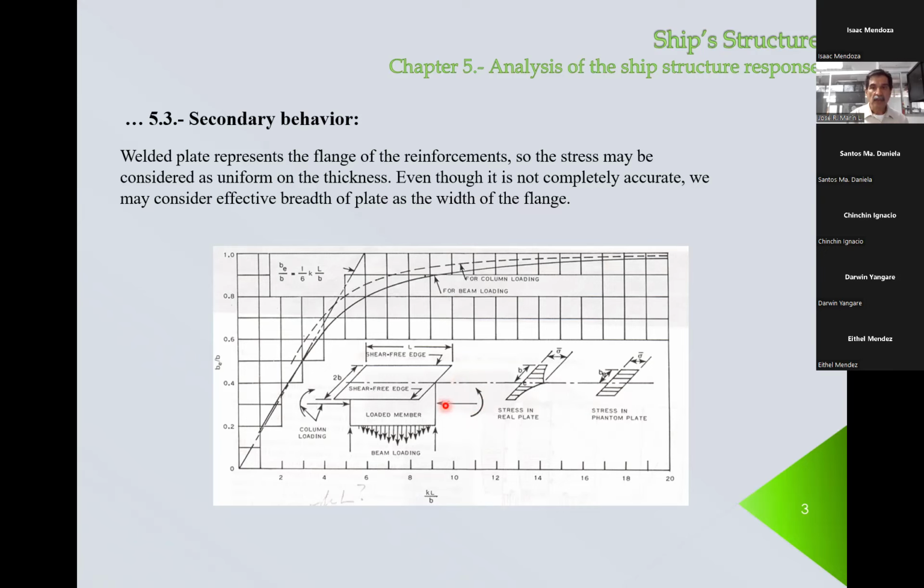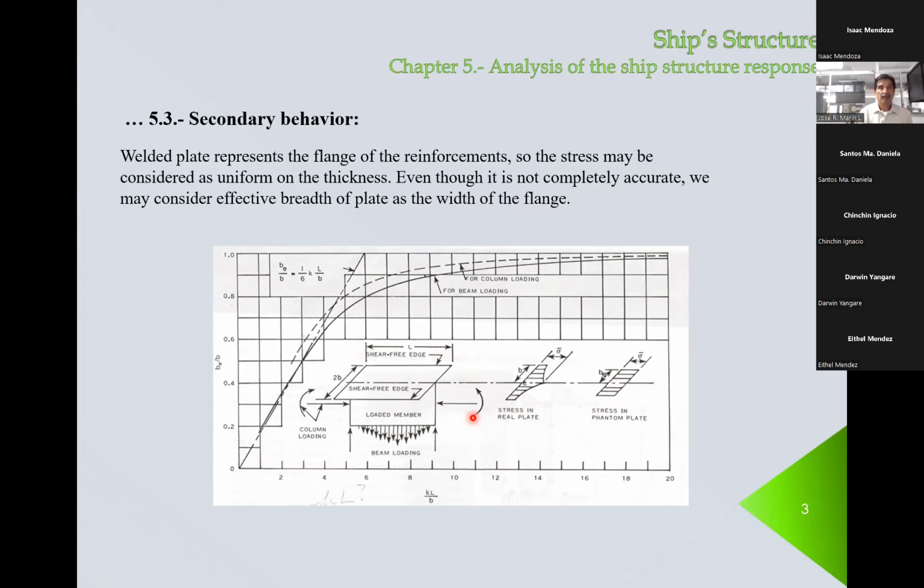In this case, we could also apply a column loading, axial loading. And in that case, the concept is similar. It's not the same, it's similar. And in that case, we call it effective width. For example, when you have a primary stress, say you have compression on the deck, and the compression on the deck may cause buckling of the longitudinals.